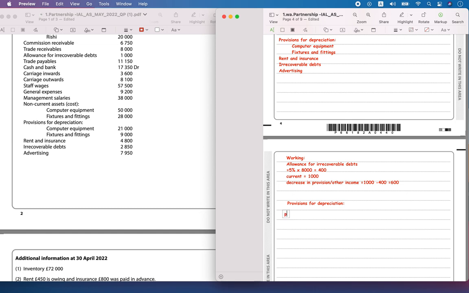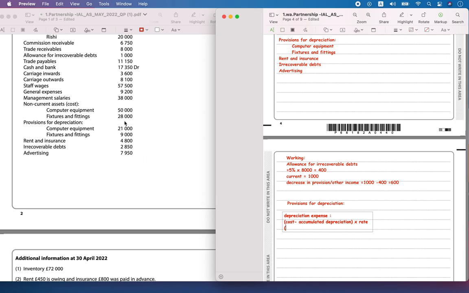So with the reducing balance method, the depreciation expense will be cost minus accumulated depreciation, times the rate. That's how you will calculate. Now we know what the cost was.